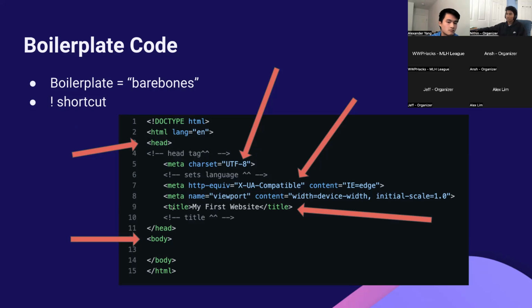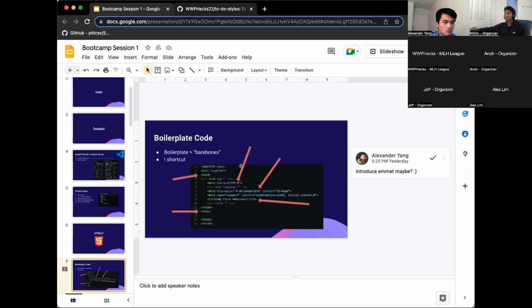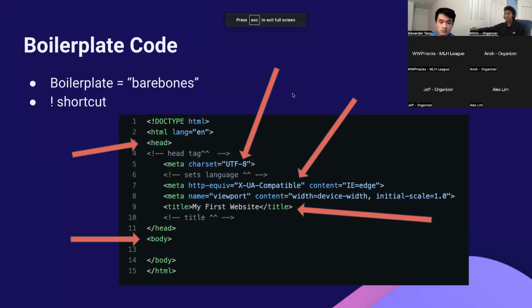On line 9, we have the title. If I stop sharing, you can see how it says up top here, Bootcamp session 1. That's the title of the tab.